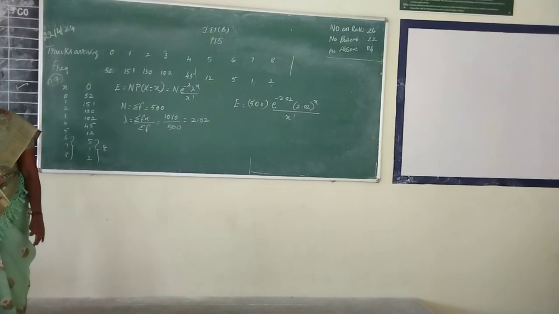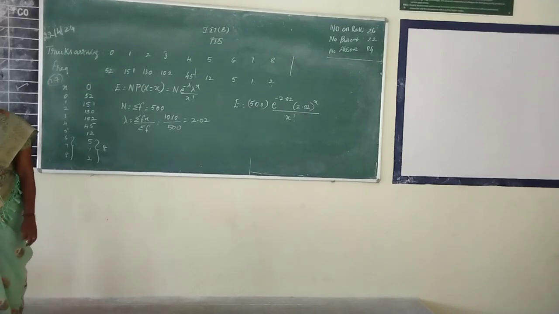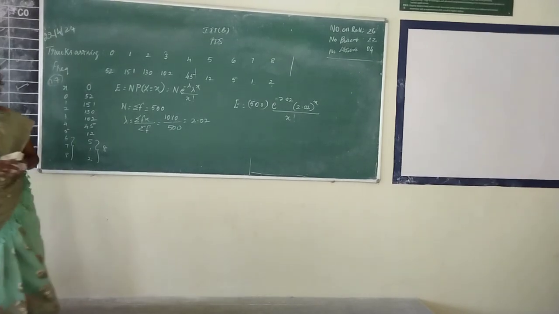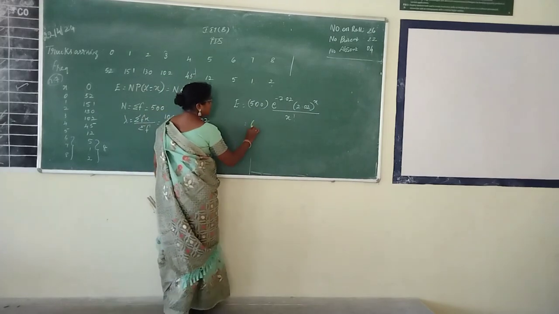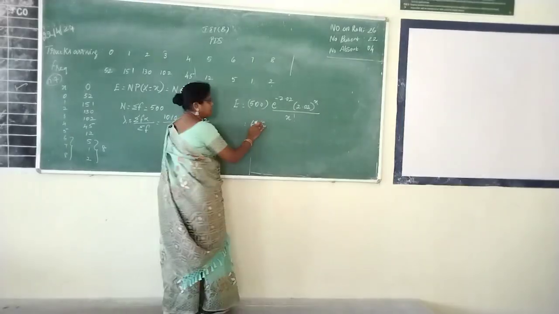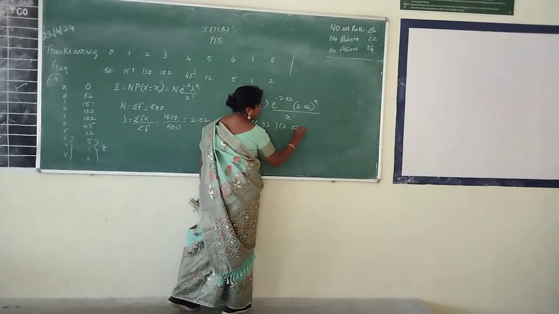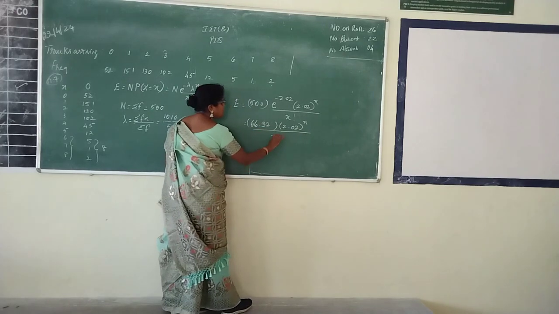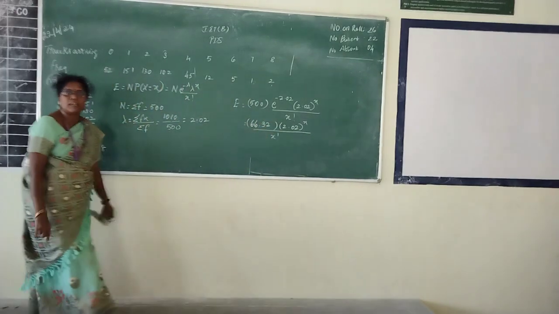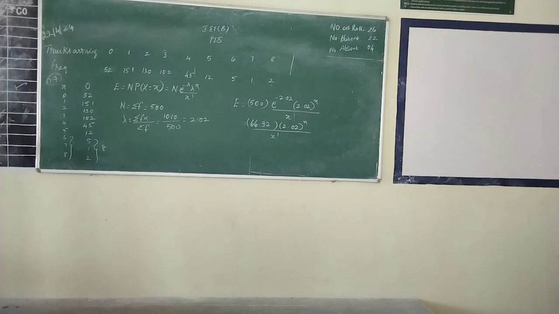E power minus 2.02 into 500 gives 66.81. So this is our reduced formula to calculate E value. Whenever there are integers, lump them and make them one single number so that other step calculations will be easy.